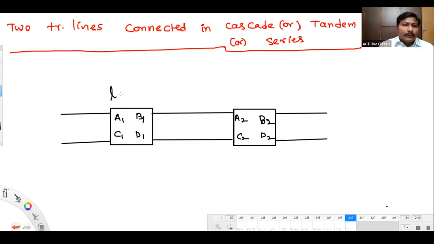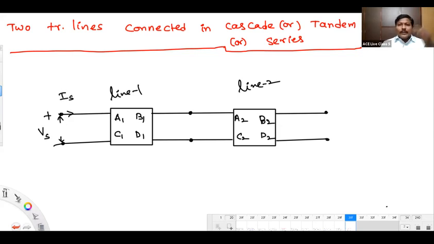So it's line 1 and line 2. See this side, I am showing voltage and current, Vs and Is, at the line 1 input side.